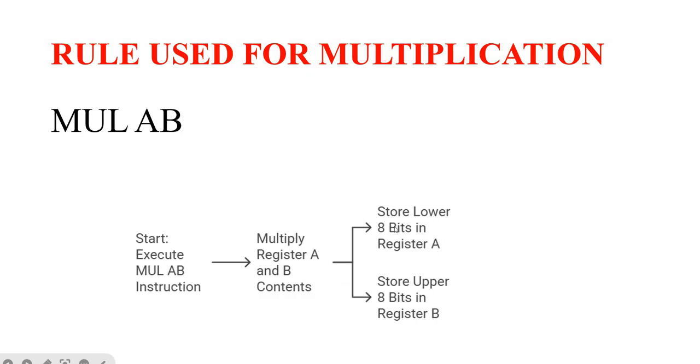The lower byte, that is the lower 8 bits, is stored in the accumulator, and the higher byte is stored in the register B. This is the rule for multiplication.